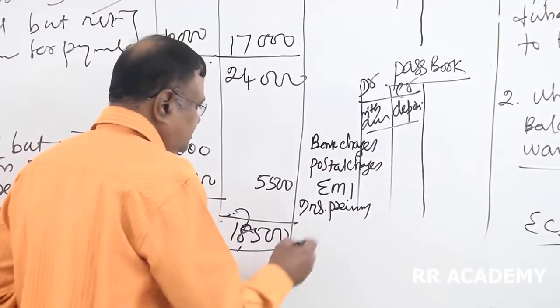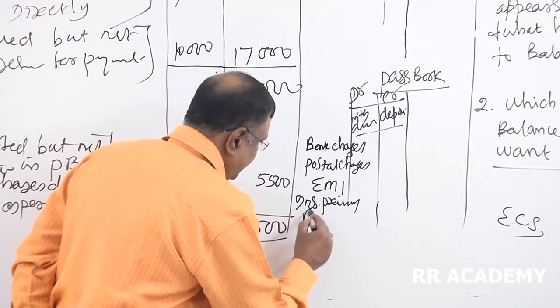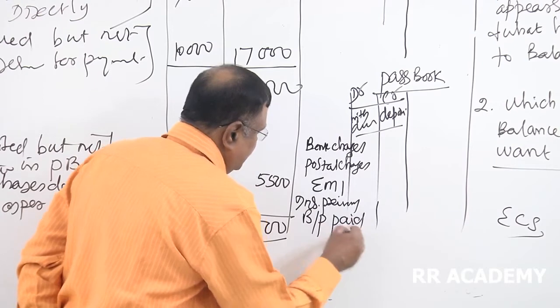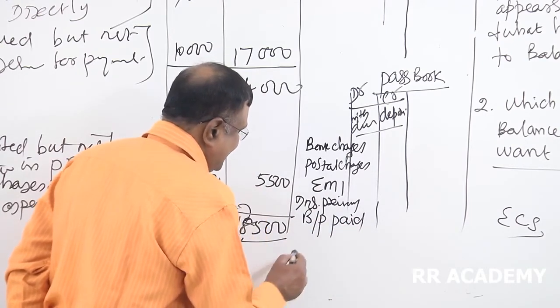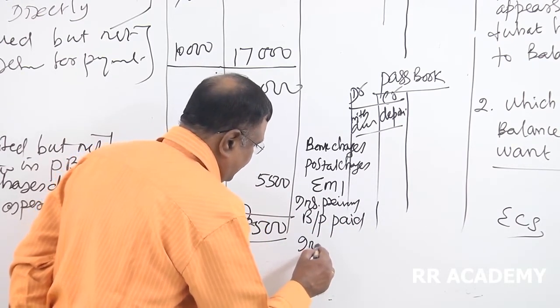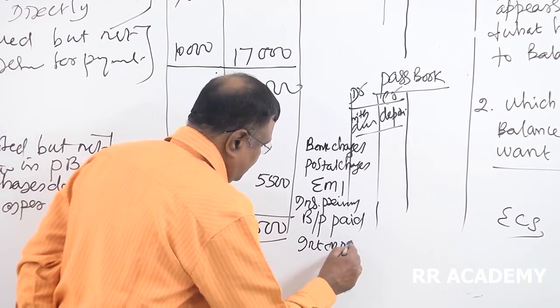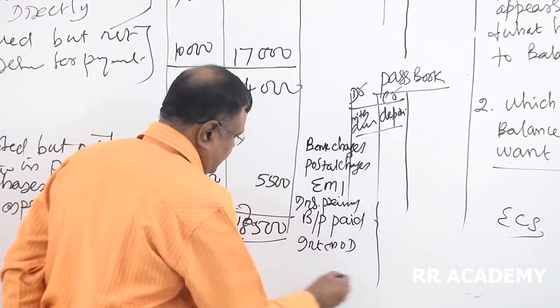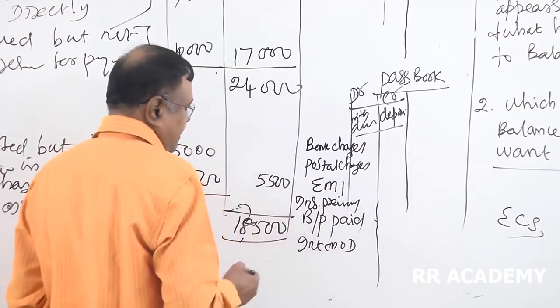ECS, insurance premium. Then bills payable, paid. Interest on overdraft. All these are withdrawals from the bank.